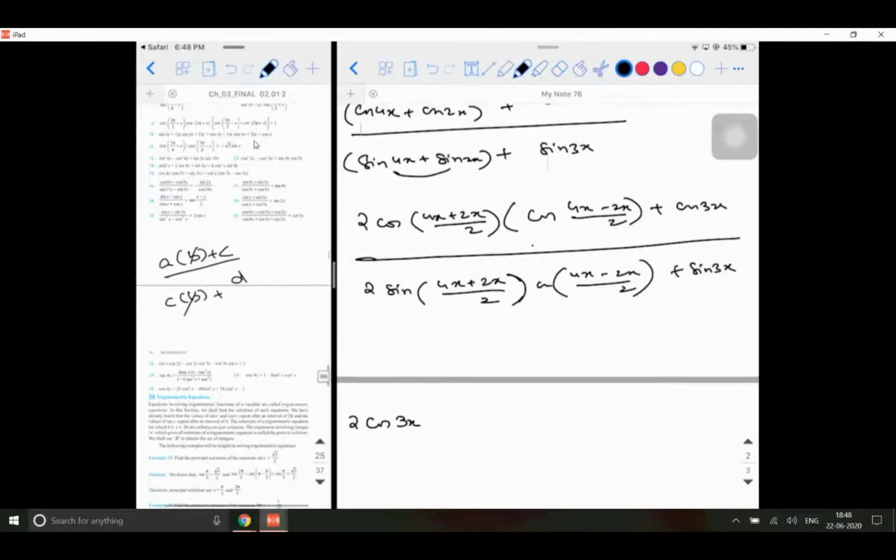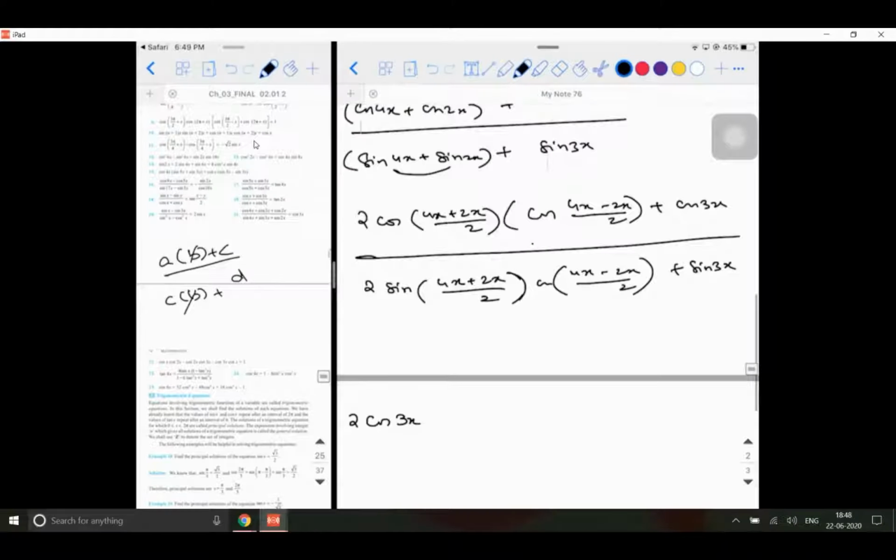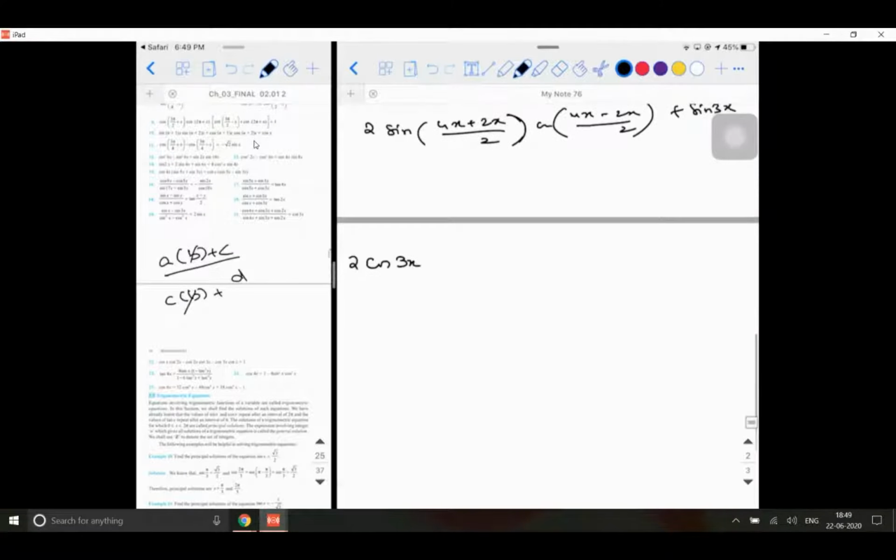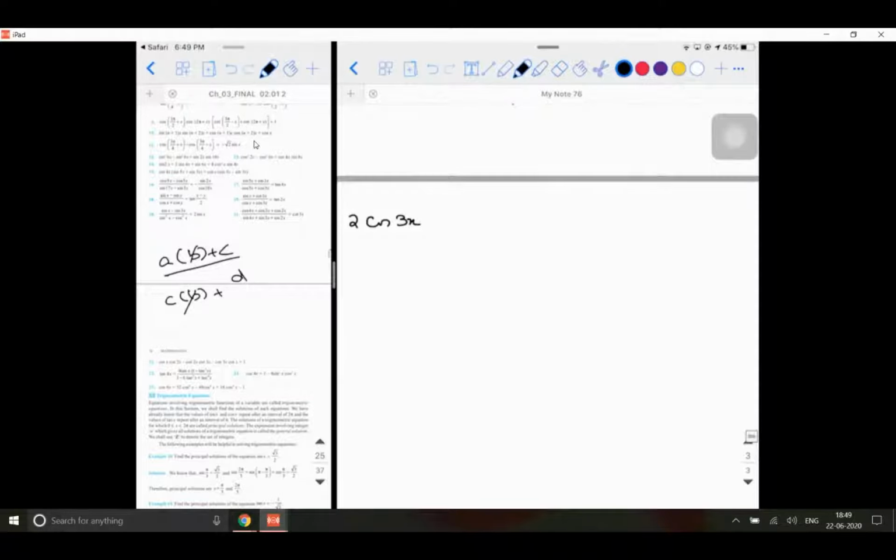For example, if x value is 5, we get the same answer on both sides. Listen, for example, 2 into (3 plus 1) divided by 3 into (3 plus 1). If I say you cancel these two, will you accept?